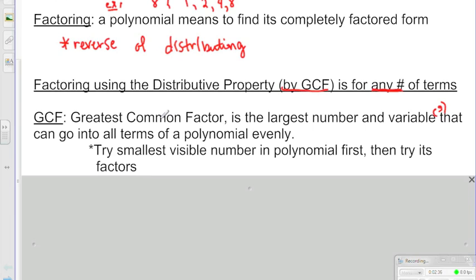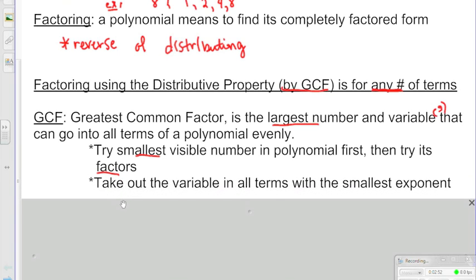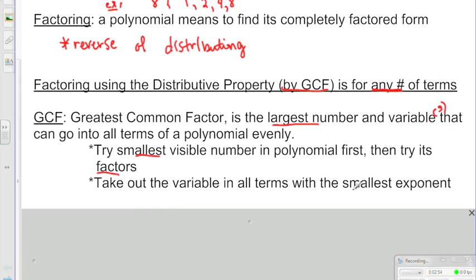Now, the very first thing you're going to try if we're looking for the largest number that can go into all of them evenly is try the smallest one that you can see. Try it first and then try its factors. Alright, and then we're going to take out the variable that is in all the terms with the smallest exponent. We'll see why here in a second.